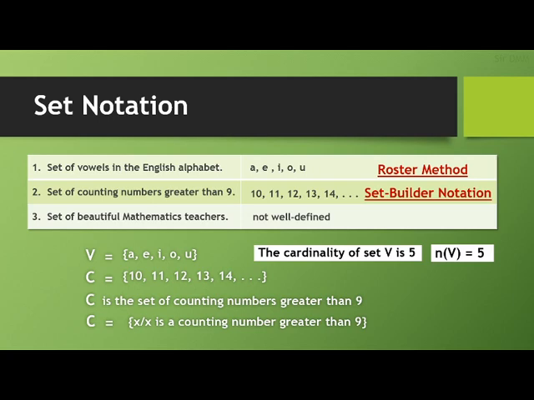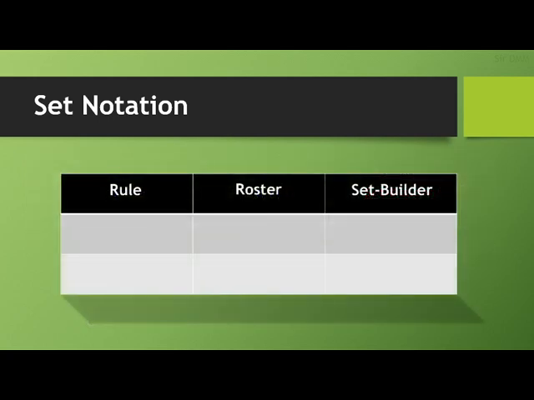For us to see it clearly, let's put it in a table. So for rule method, V is a set of vowels of the English alphabet.